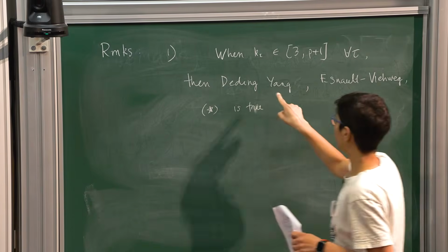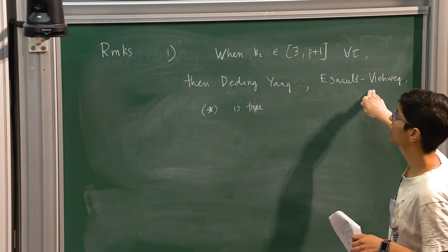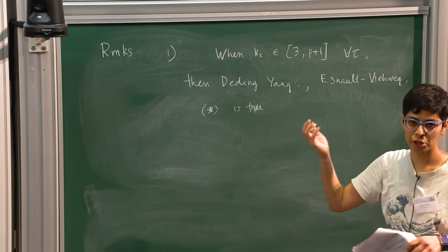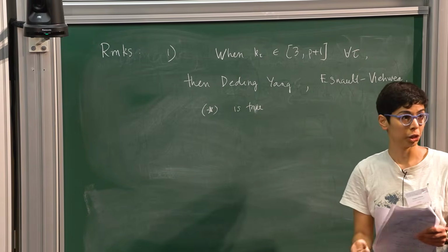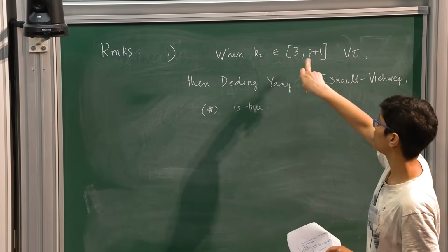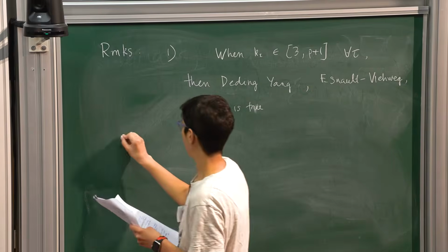And in fact, similarly, you can use Deding's results and Deligne-Illusie to prove a version of local global compatibility in some generic weight range for all quaternionic Shimura varieties. But in particular, this range will include the range that it's true for the Hilbert modular variety.